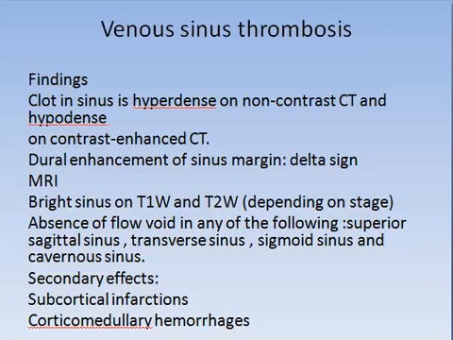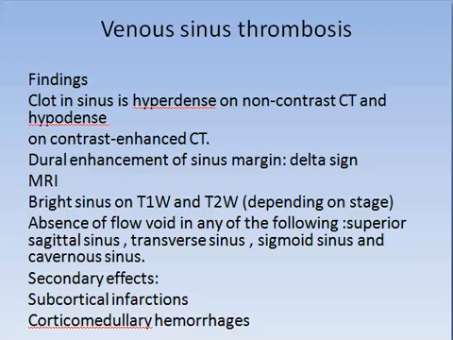Findings: a clot in the sinus, which is seen as hyperdensity on non-contrast CT, and a hypodense negative shadow on contrast enhanced CT. Dural enhancement of the sinus margin, that is the delta sign, with negative intraluminal shadowing. On MRI, we can have a bright sinus in T1 and T2 denoting hemorrhage.